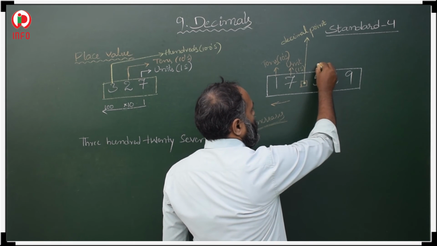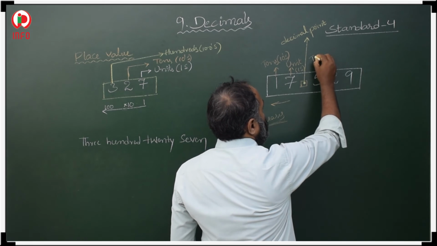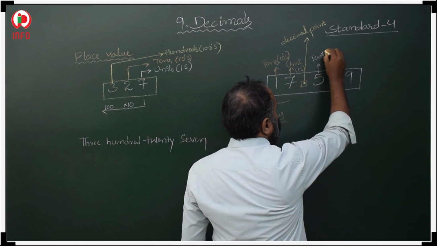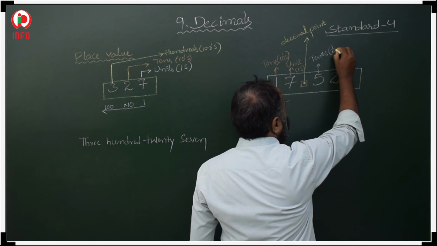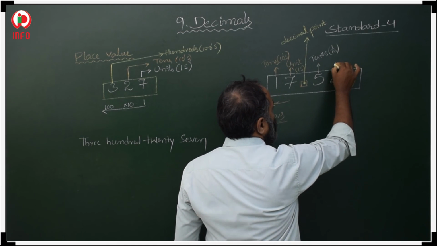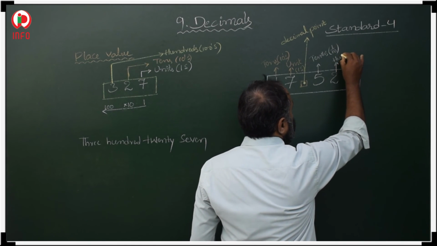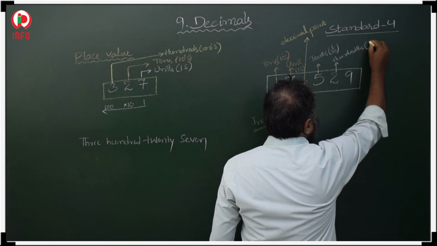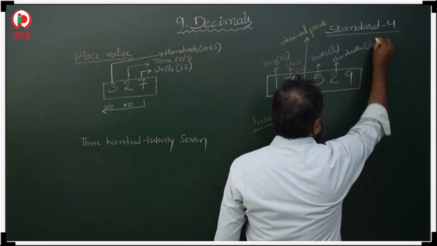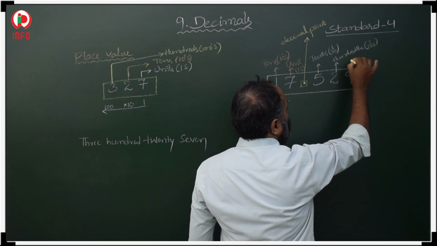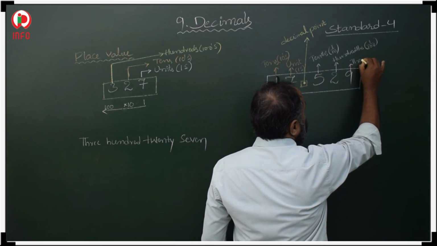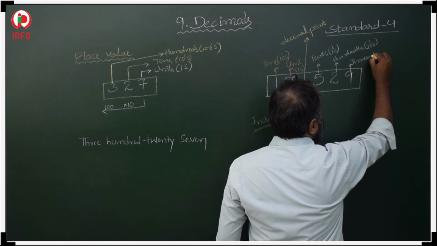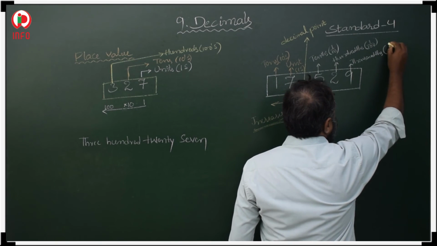Then after the decimal, on the right side, this is tenths. Tenths means 1 by 10. This one is hundredths, that is 1 by 100. Then this 9 is in thousandths, 1 by 1000.